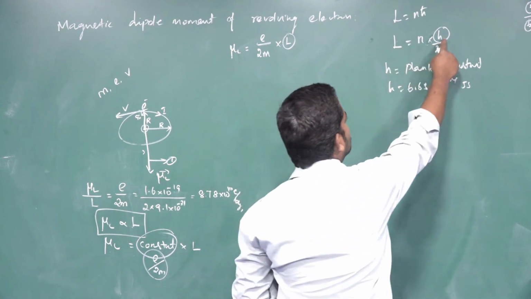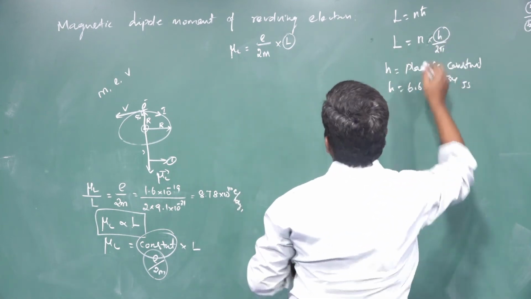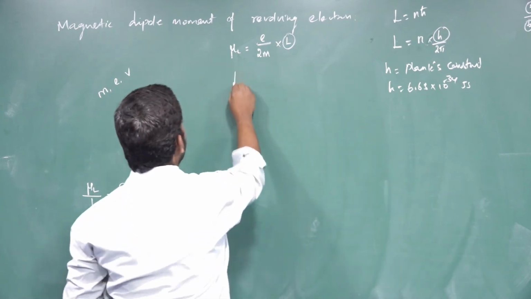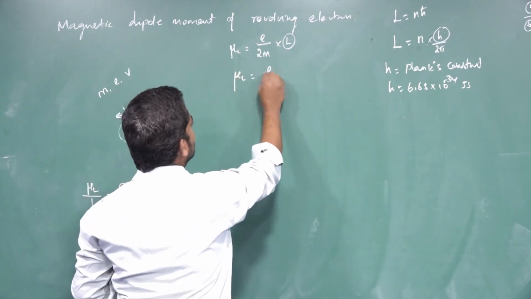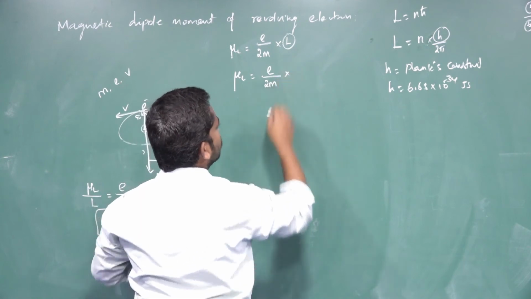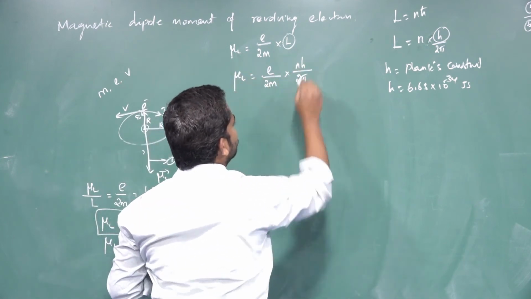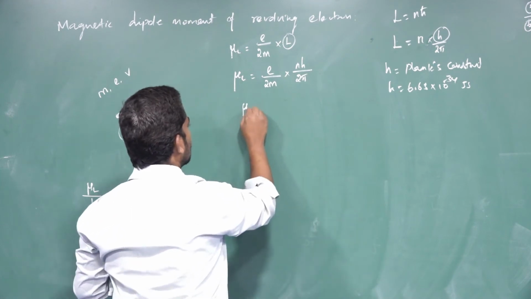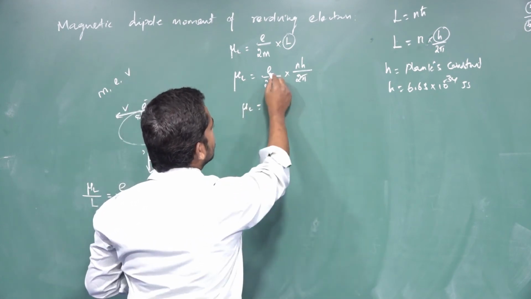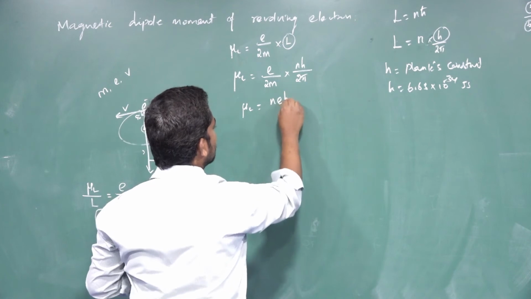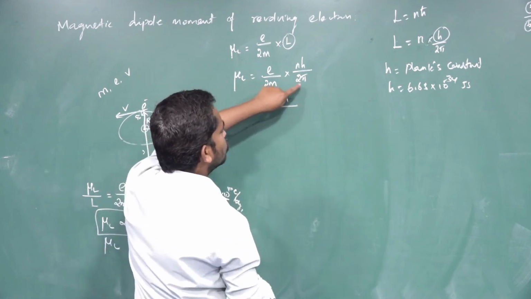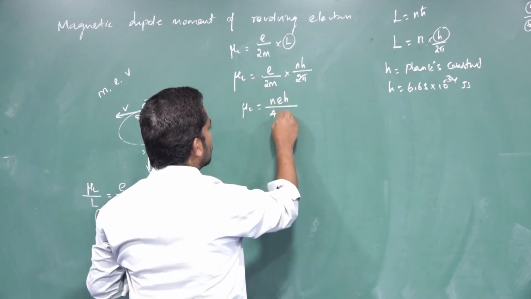Substituting this in mu L equal to e divided by 2m into L, we get mu L equal to n e h divided by 4 pi m.